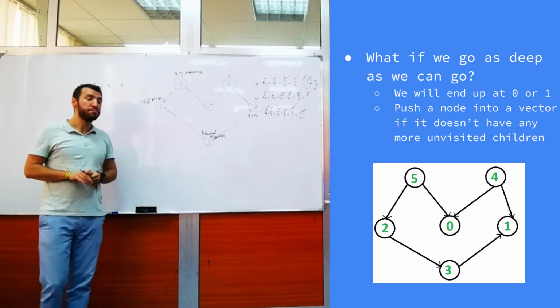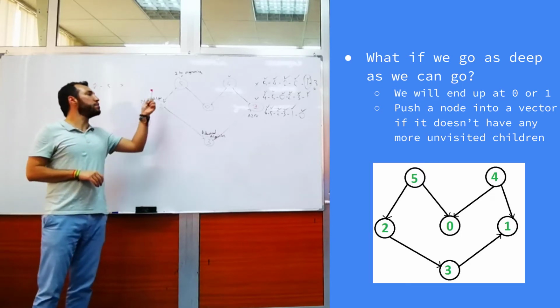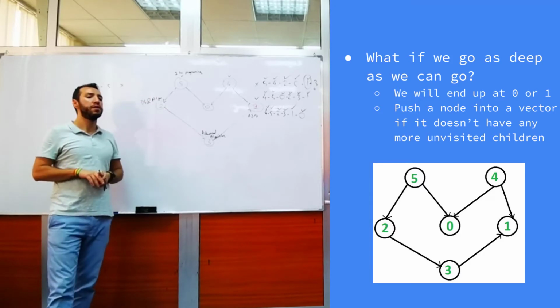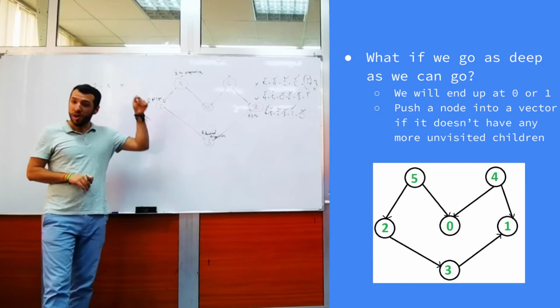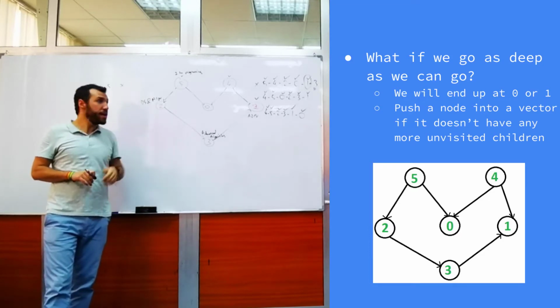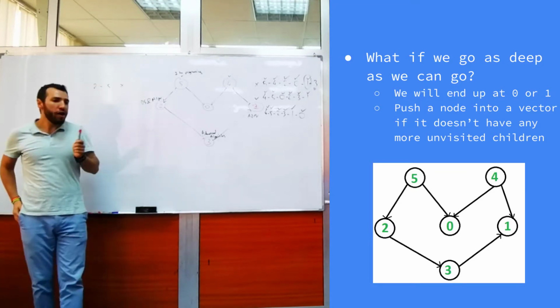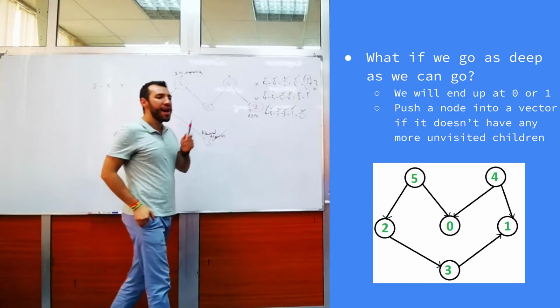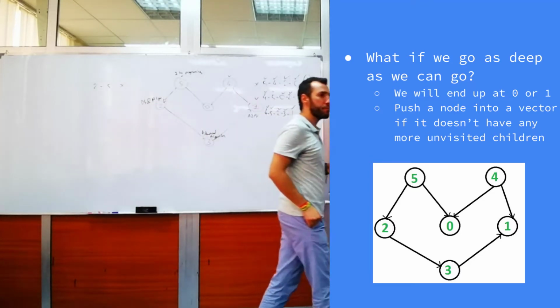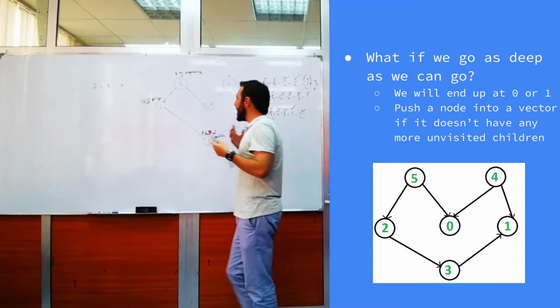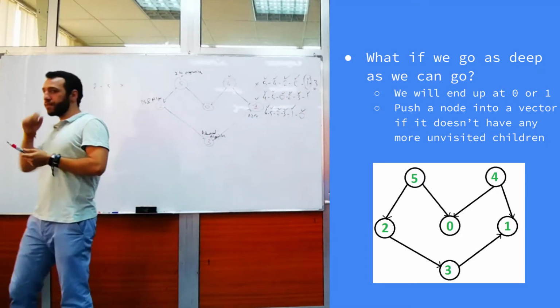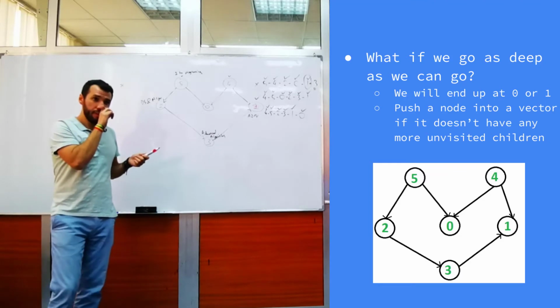5 and 4. And what is common between 5 and 4? No incoming edges. There are no incoming edges, right? Very good. Okay, the follow-up question is, how can we detect them? How can we detect the nodes that do not have incoming edges in a given graph?